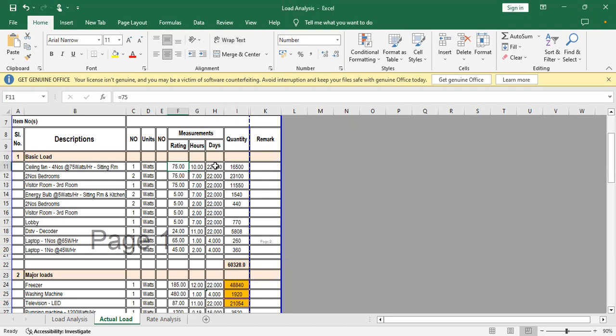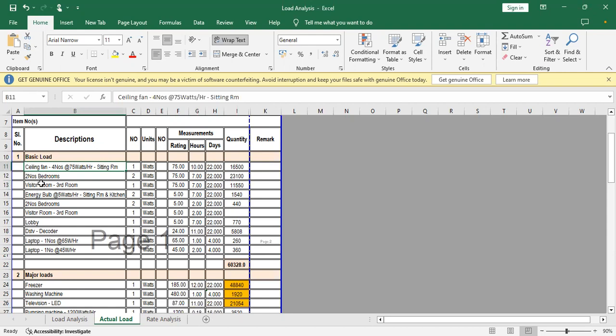So let's say we are having power supply at least 22 days in a month due to the electricity condition of Nigeria. Otherwise, this should be 30 days. So 75 for 10 hours will give us 16,500 wattage for ceiling fan for sitting room.